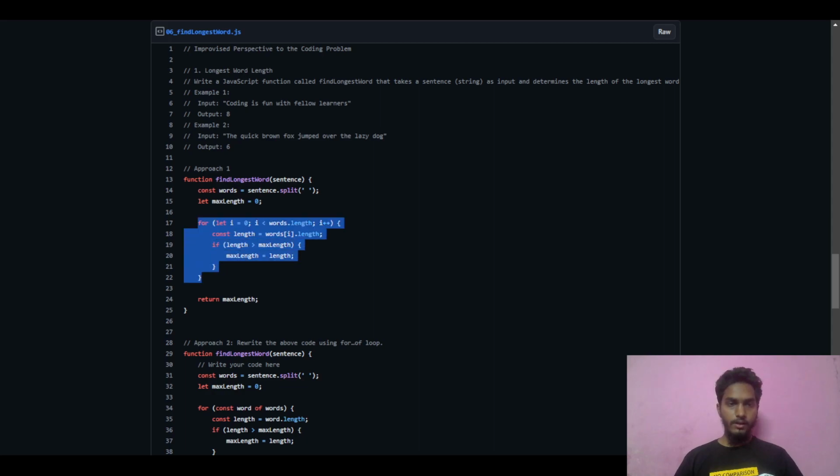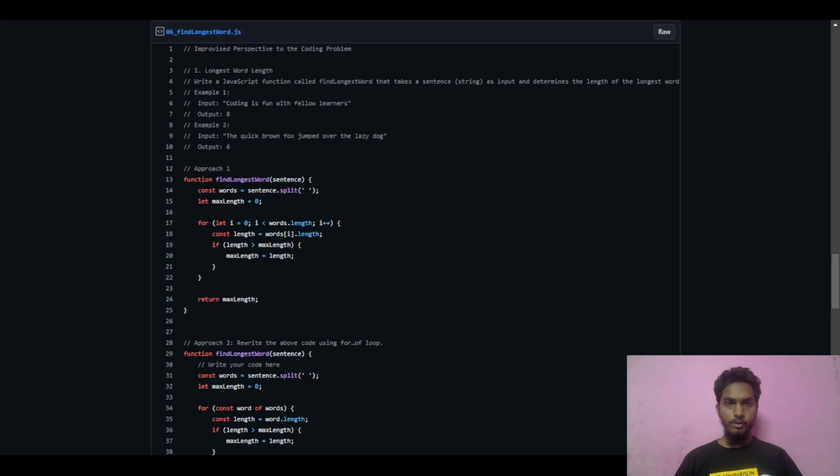Then we are doing a traditional for loop. We are running from 0 to the words length, then incrementing the index value. Then we are storing the current word length in length. If length is greater than the maximum, then we are going to replace the maximum with the length.